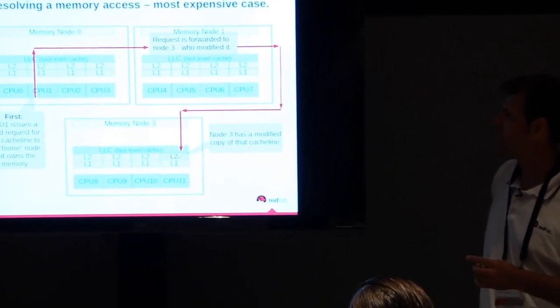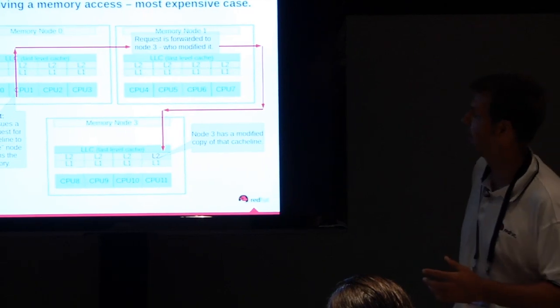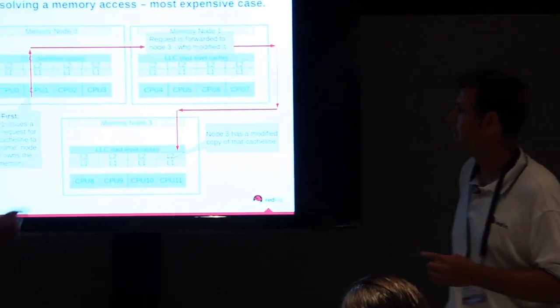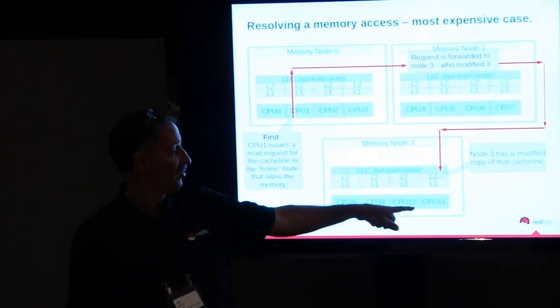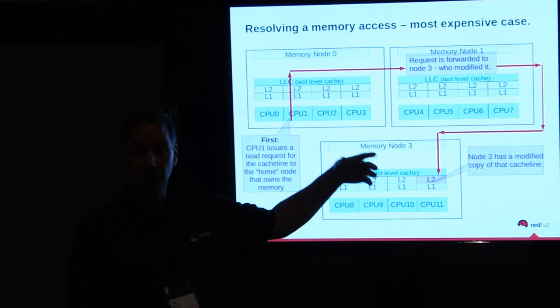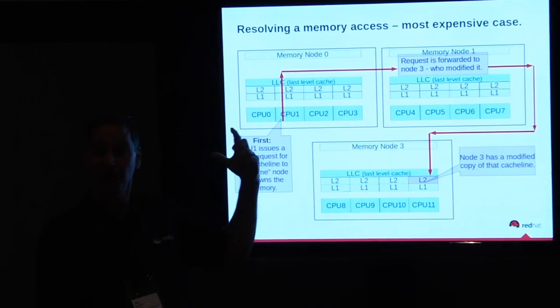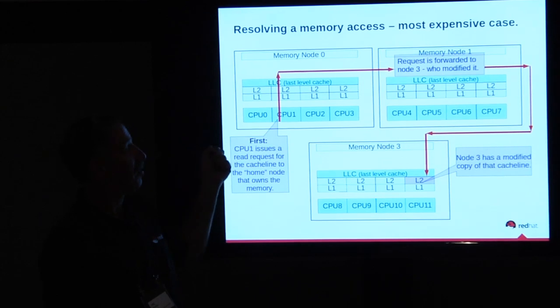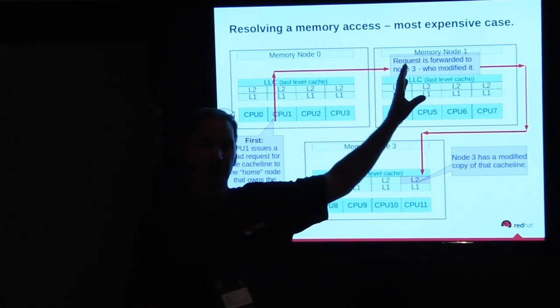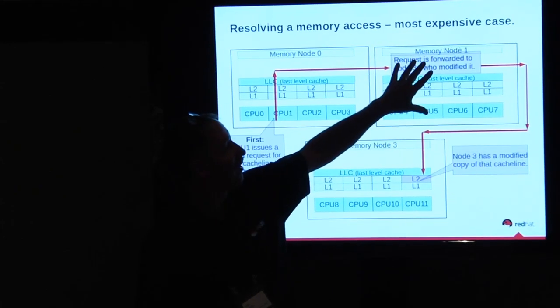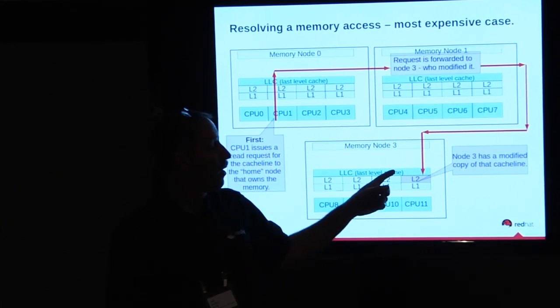We're going to talk about some tools today to help detect and prevent this. Where this can get expensive is, suppose this CPU down here modified the address location that you're looking to read or to modify yourself, and let's say that it's owned on memory in node 1.